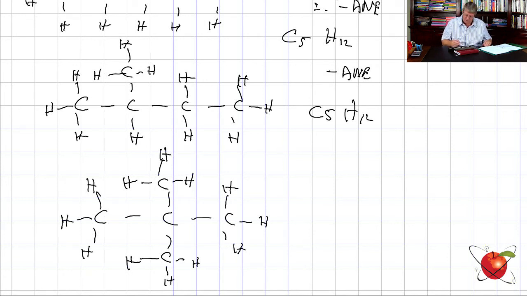Look, I've got 1, 2, 3. I've still got C5, and I've got H 3, 6, 9, 12. Hold on. That whole thing weighs the same. 5 carbons, 12 hydrogens, 60 plus 12, 72 grams per mole.